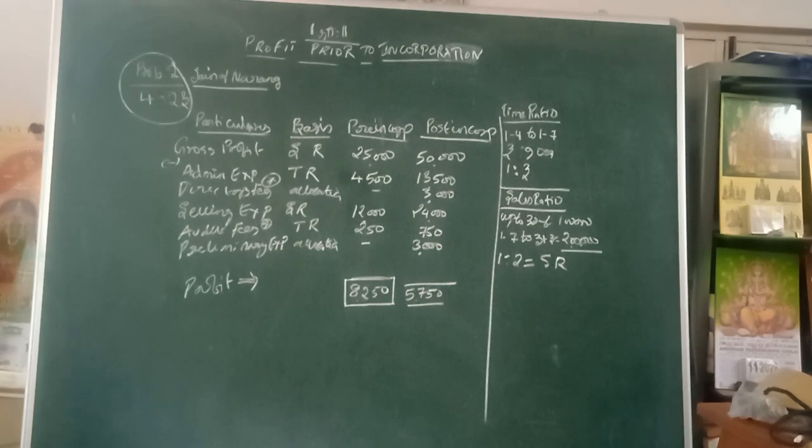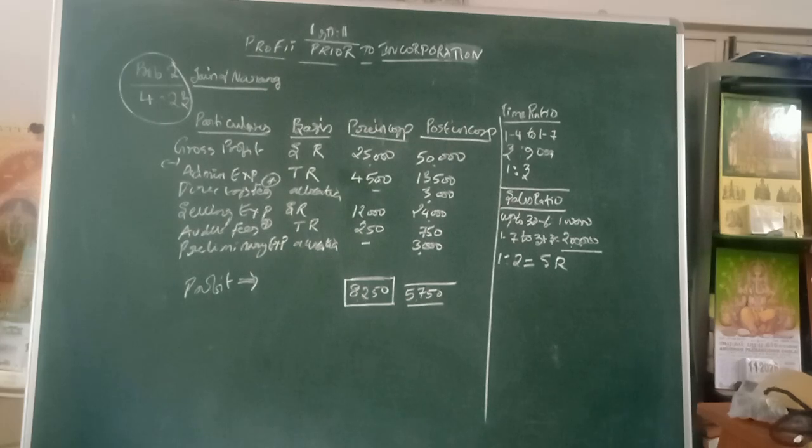Director fees, see, even in the previous two problems I told you the director fees is applicable only for a limited company, that is a company registered as per the provisions of the Companies Act. Here the director fees, so straight away we have to take only the post-incorporation. What is the reason for this?